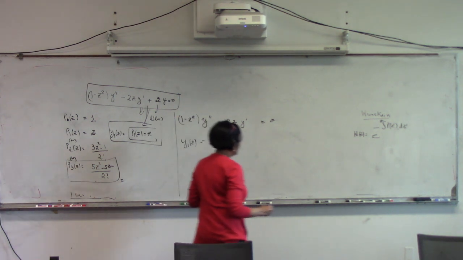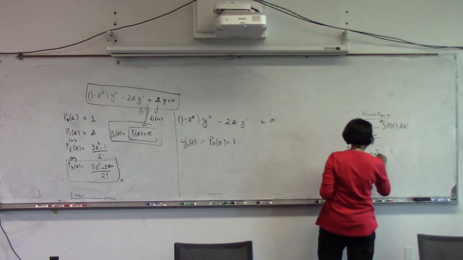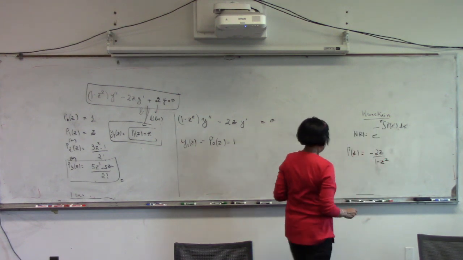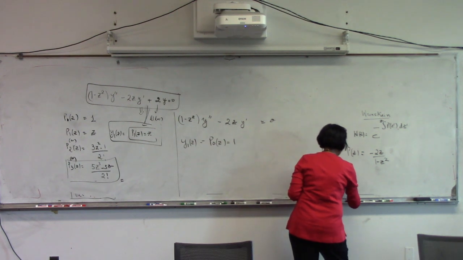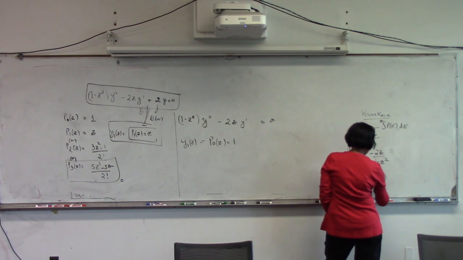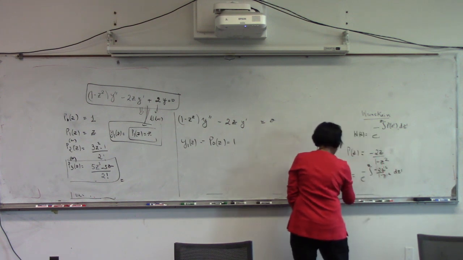P of z is negative 2z over 1 minus z squared. The Wronskian is nothing but the exponential of negative integral of negative 2z' over 1 minus z'^2 dz'.